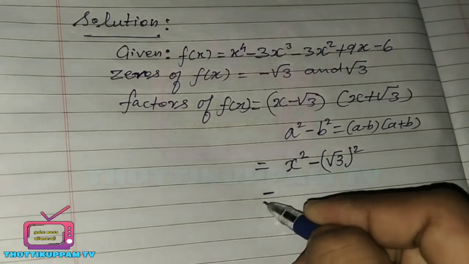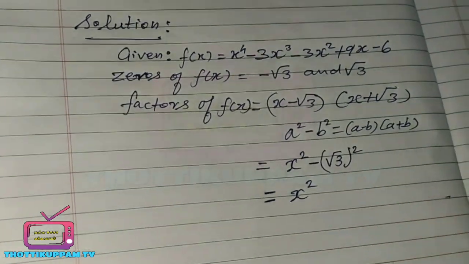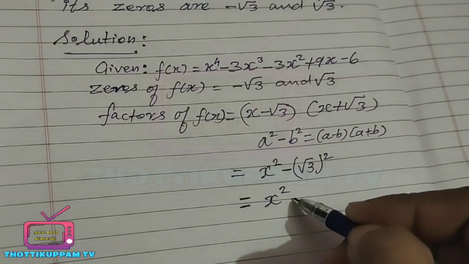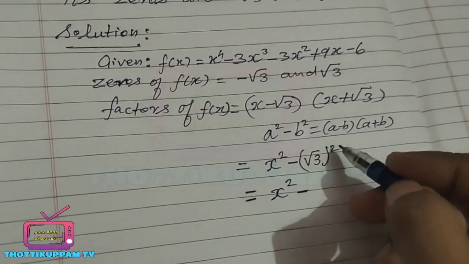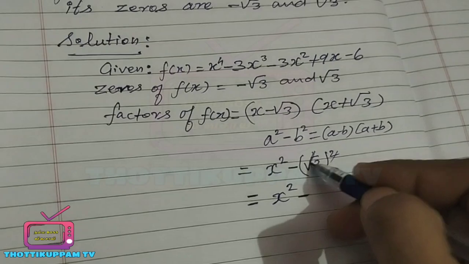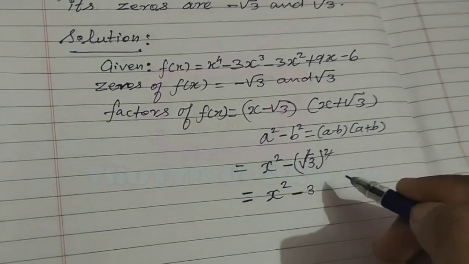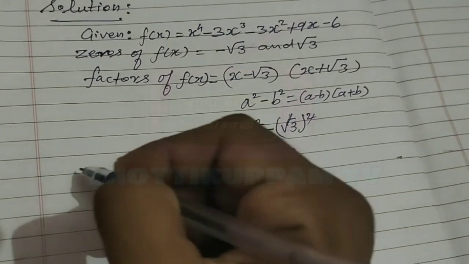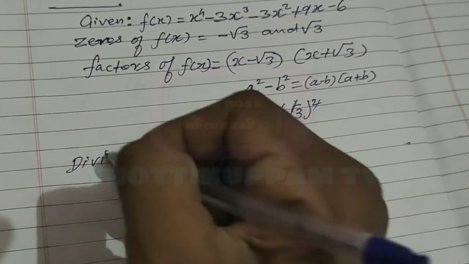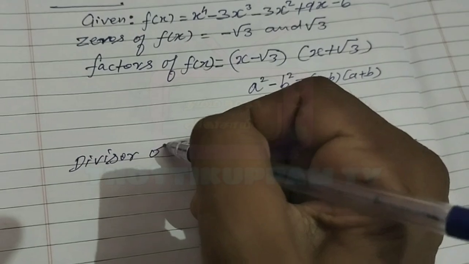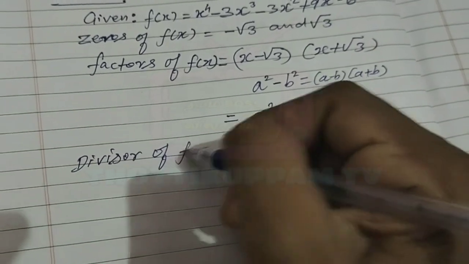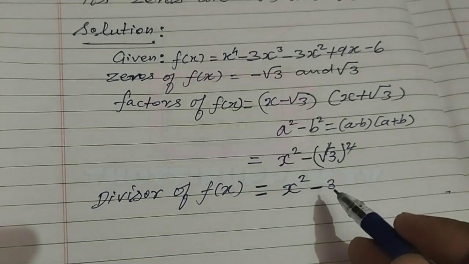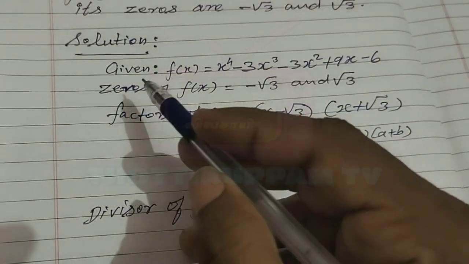This also I convert: x square minus, the square and root will be cancelled. So here 3 there will be. This is the divisor. So divisor of f of x is equal to x square minus 3, students.